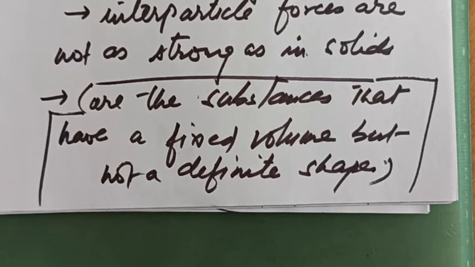Clear? Why? Because suppose we have 1 liter of water in a bottle. Its volume is 1 liter only, and it acquires the shape of the bottle. Suppose we have a jug, cylindrical or a different shape, much broader than the bottle.